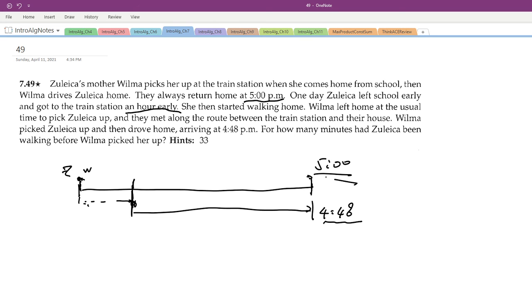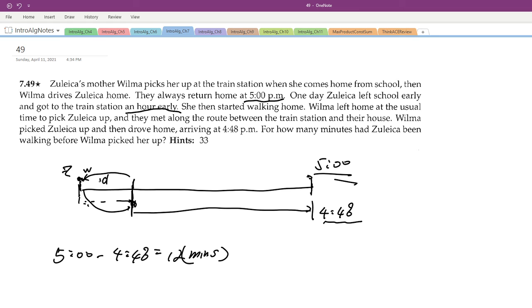So that's why they can save time. Let's see how much time they saved. From 5 o'clock minus 4:48 is 12 minutes. So Wilma saved 12 minutes by not driving the distance delta D there and back.